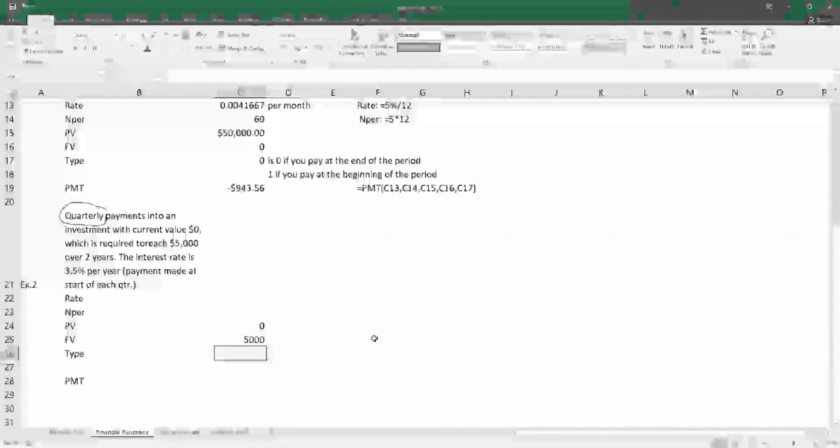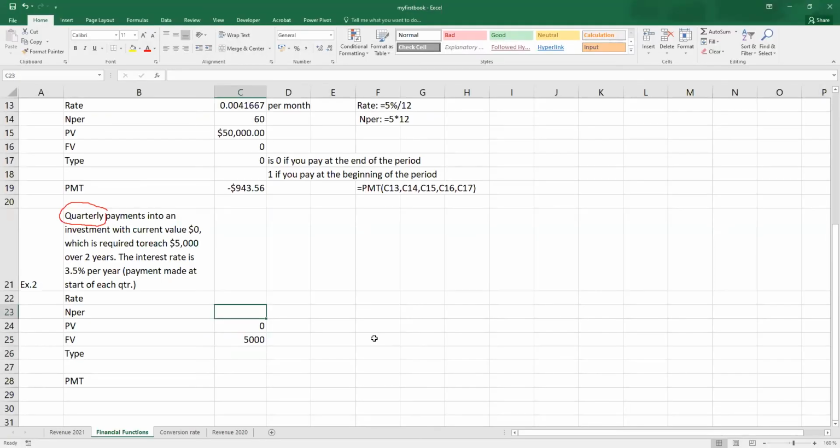Now for the next one: over 2 years. That is talking about the number of periods, so you have to change the 2 years to be the number of quarters. As 1 year has 4 quarters, you multiply 2 years with 4 quarters, then you get 8 quarters.